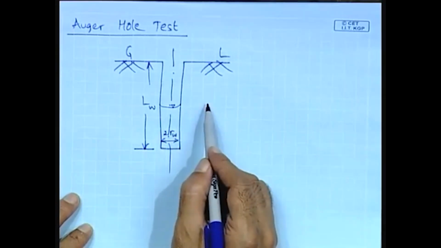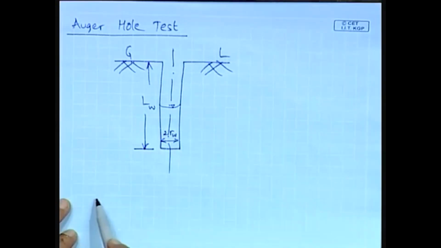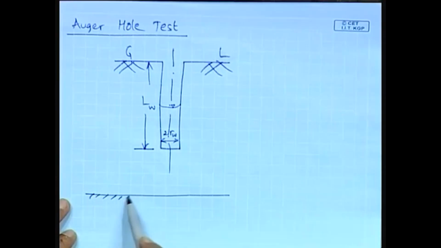In this case, let this be the impermeable or highly permeable layer.